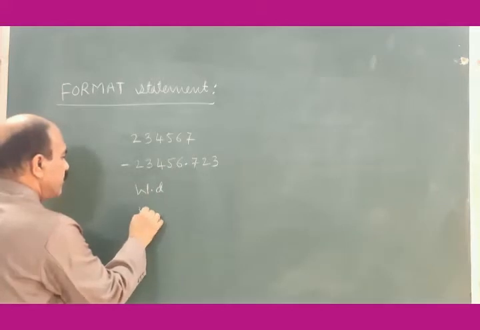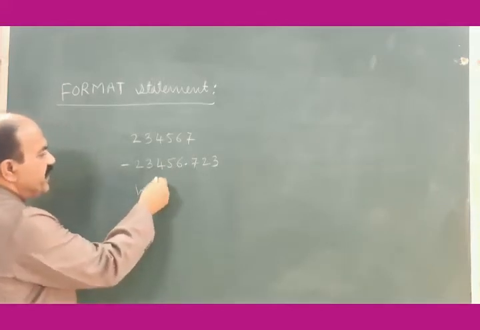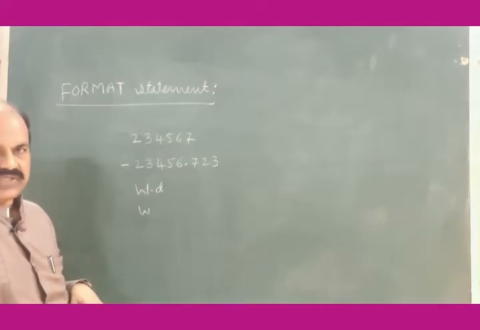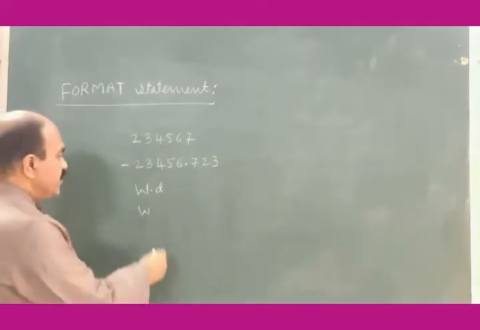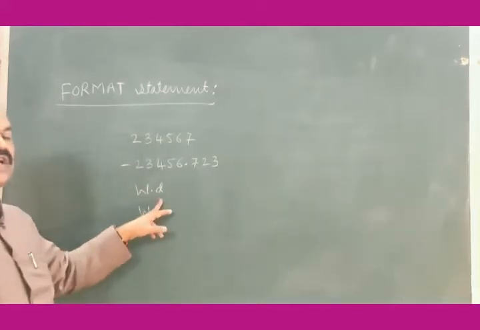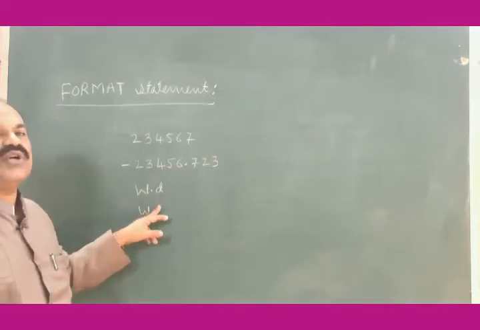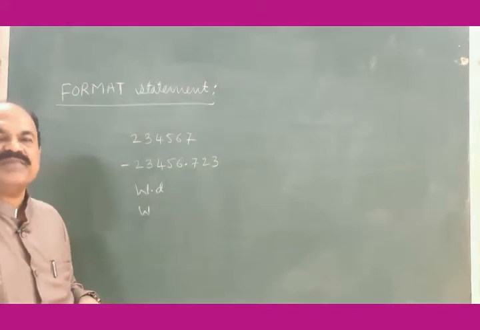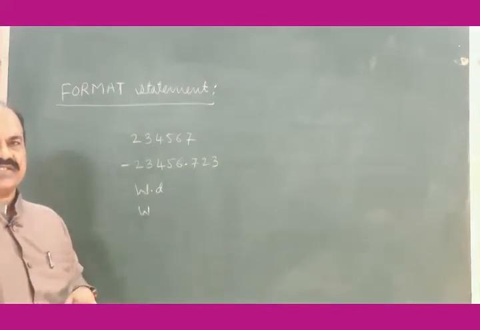So W is 6. What is D? D is 0. So, we need not use dot D for the specification of an integer constant.